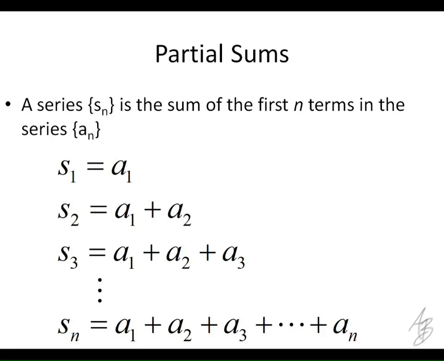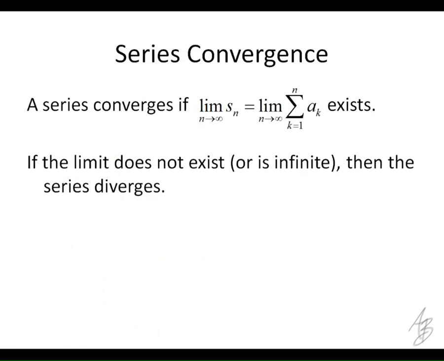And so one of the things we're going to talk about is we're going to see some series where the sum is going to be finite, but it still diverges. And we'll look at why when we get to an example like that. So this is the definition of the convergence of a series. A series converges if the limit as n approaches infinity of those partial sums exists.